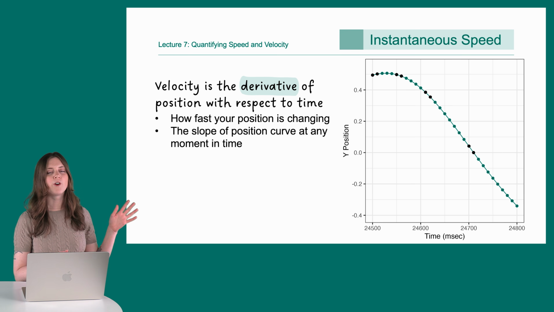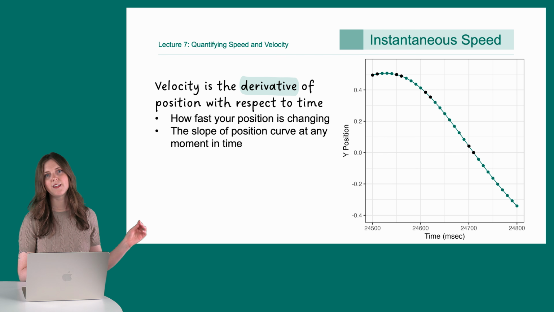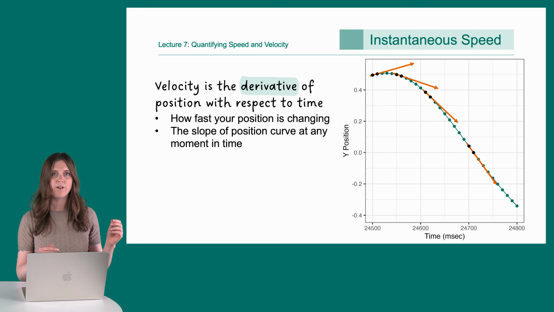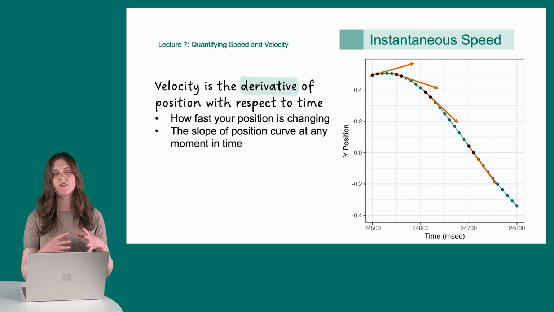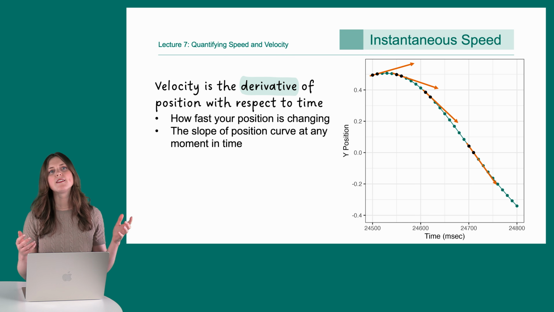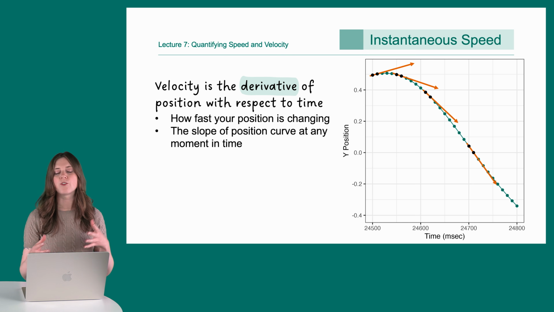Now I've highlighted 4 pairs of consecutive points in black. If I draw an arrow estimating the slope of the line between each pair of these black points, we can see that the rate of change in vertical position is not constant. It changes over time.